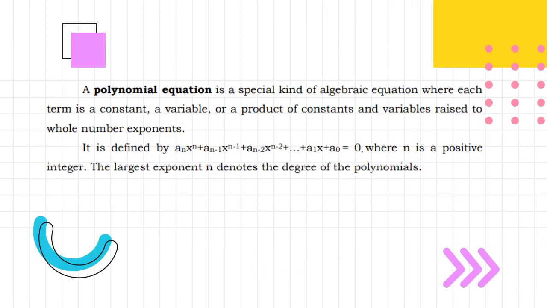So, what else? A polynomial equation is a special kind of algebraic equation where each term is a constant, a variable, or a product of constant and variables raised to a whole number exponent. Again, that is a whole number exponent and a positive 1. So, it is defined by the given equation where n is a positive integer and the largest exponent n denotes the degree of the polynomial.